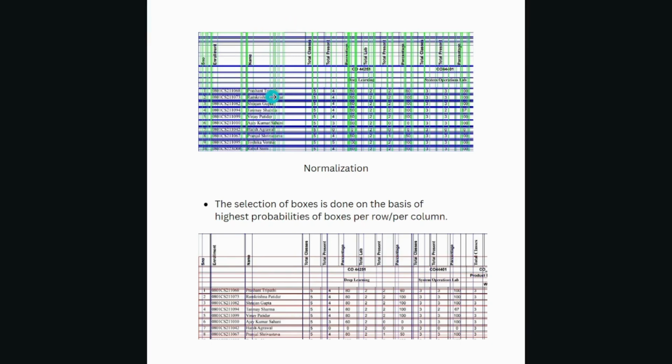Now this contains all of the row boxes which have been extended, and for OCR detection it would be highly inaccurate if we were to produce this output. So we need to have one particular box for a particular row and one particular box for a particular column in place.